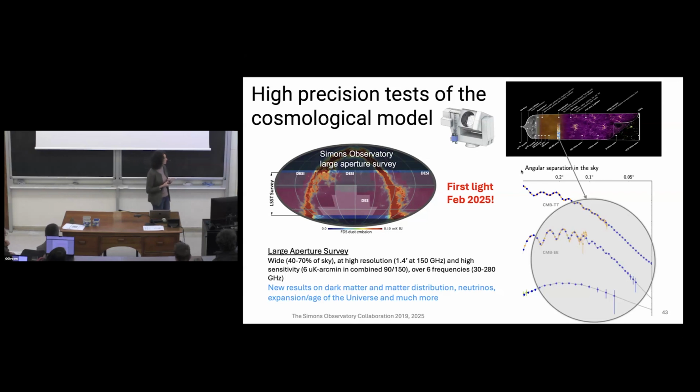We are planning to cover a wide survey covering between 40 and 70% of the sky. We still don't have a final survey strategy. With about 1.4 arc-minute resolution at 150 gigahertz and very high sensitivity. And so this is the survey mapped here that is going to give you new results on cosmological models, on the constituents of the universe, etc.